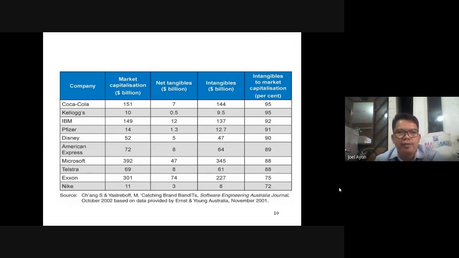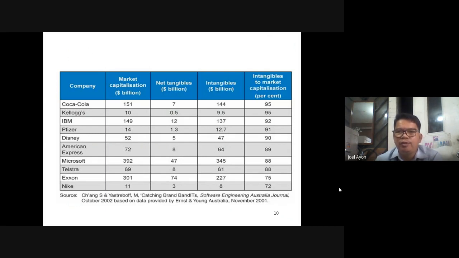Like for example, in Coca-Cola, the net tangibles in billion dollars is 7, while the intangibles is 144 billion dollars. So the same is true also in the other known companies throughout the world that their intangible assets in terms of billion dollars are very much higher compared to the tangible property.